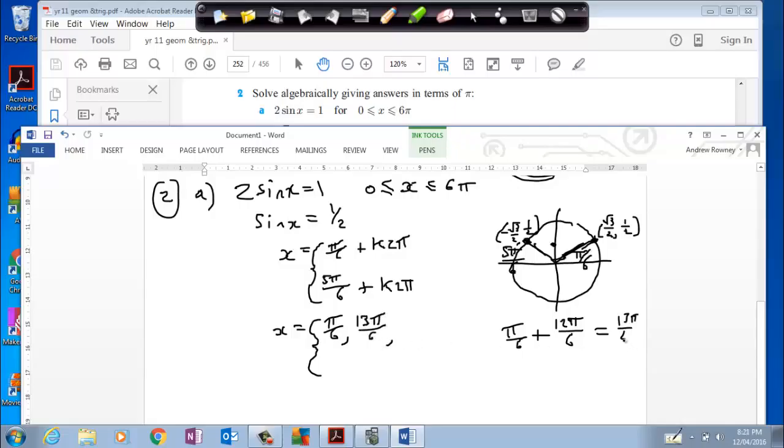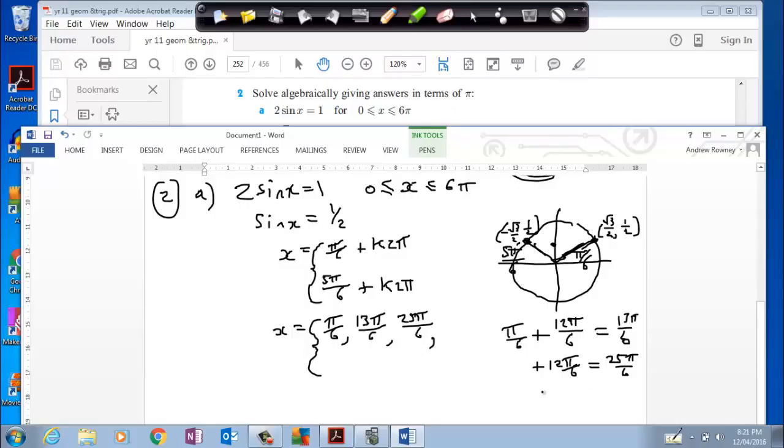comma, we add on another 2 pi to this, so add on another 12 pi on 6. If you add on 12 to the last answer, you will get 25 pi on 6. So that's our next one. And we're so far up to roughly about 4 pi.